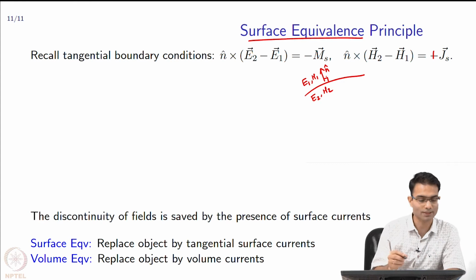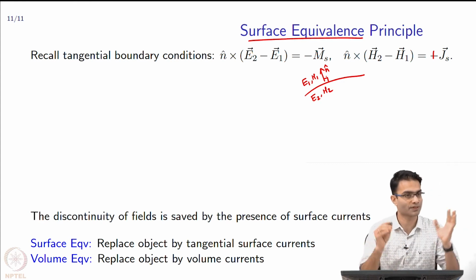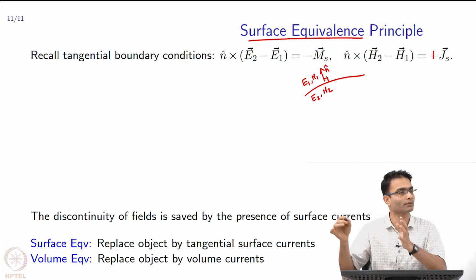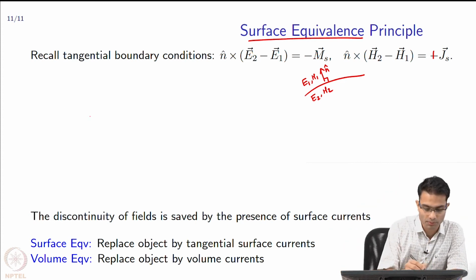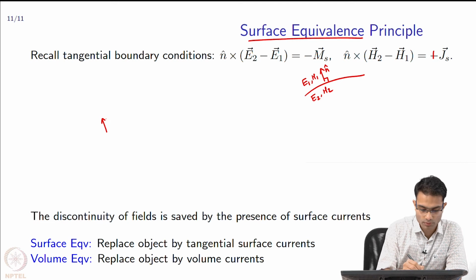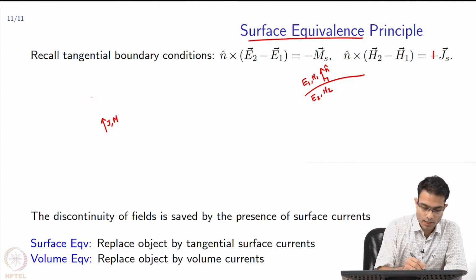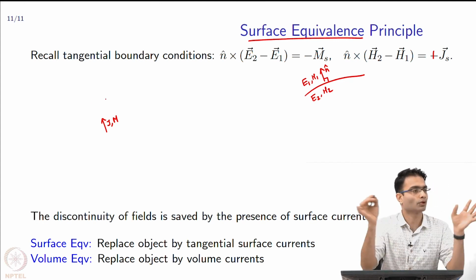Let's start with the real problem, the physical problem. Like earlier we started with the physical problem and then converted it to an equivalent problem. So what is the physical problem over here? I have some current sources J and M, and they are radiating in some volume.